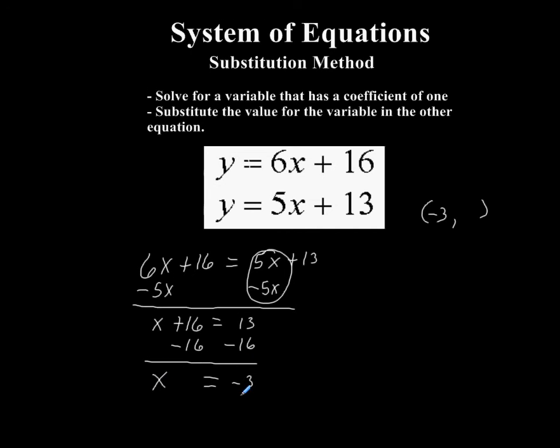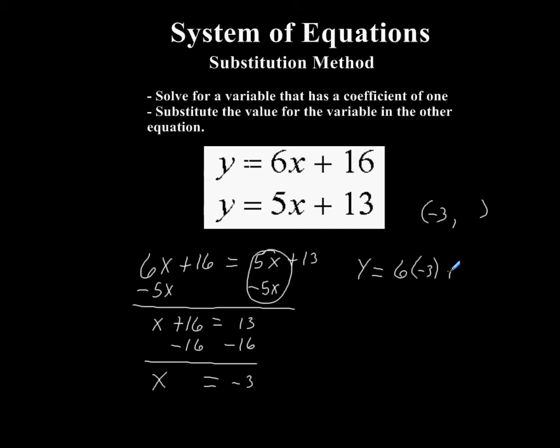So now we take the value of x, which is negative 3, and substitute it into one of the earlier equations. So either one would be fine. Let's take the top one. y is equal to 6 parentheses. Now the parentheses is where the x should be, but we're going to replace this x with a negative 3. So we're going to put negative 3 right there.